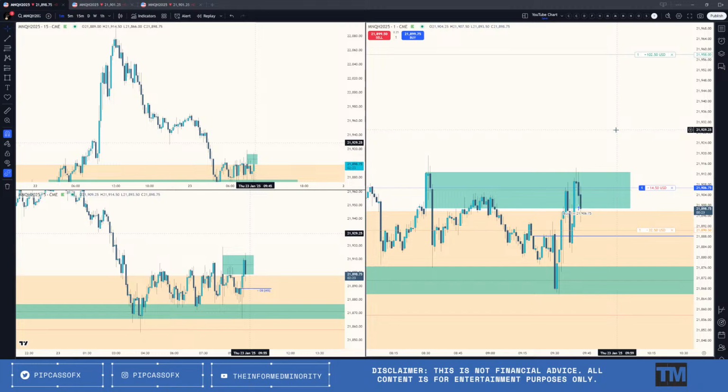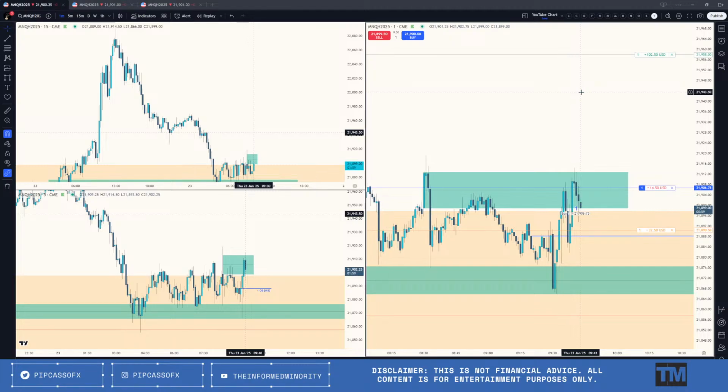We'll see what we get here. I would have liked it better if we closed above, but yeah, we're about to close outside of the first presented fair value gap, not ideal, but we'll see what we're getting here.